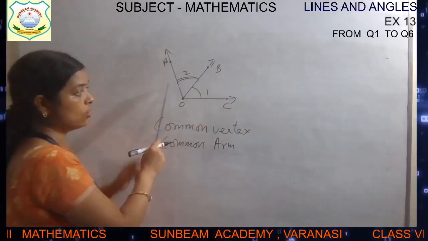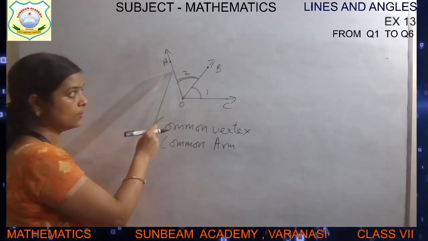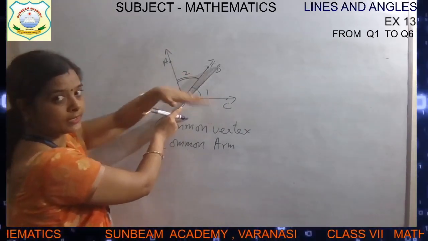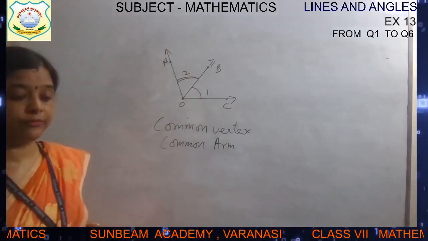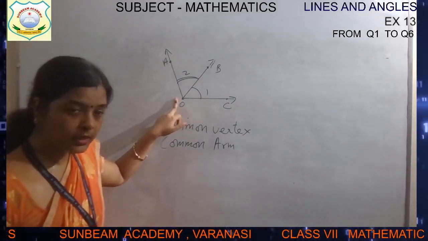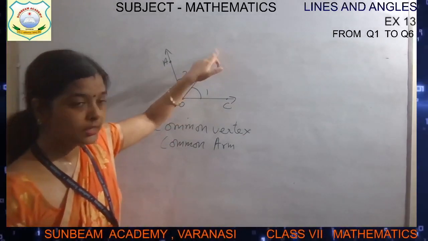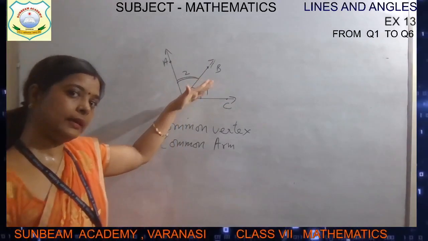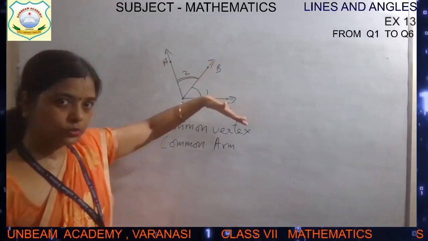So this is the definition of adjacent angles. एक तो उनका common vertex होना चाहिए, एक common arm होना चाहिए और non-common arm जो है वो एक common arm के एक इधर हो और एक common arm के दूसरी तरफ हो.